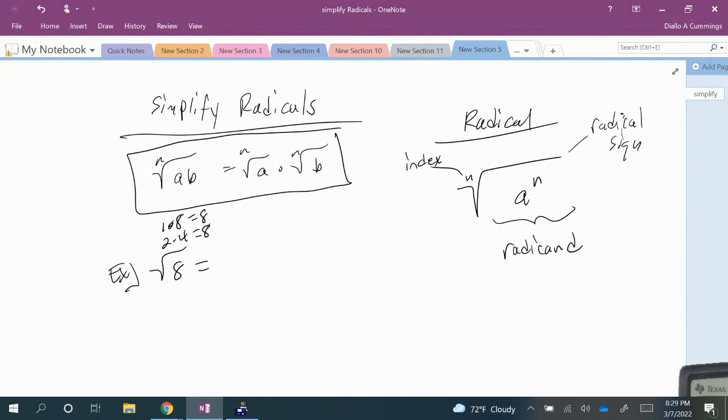So I can simplify the square root of 8 as the square root of 4 times the square root of 2. The square root of 4 is perfectly 2. The square root of 2 is not perfect, so it remains inside of the radical. So the square root of 8 in simplified form is 2 times the square root of 2.